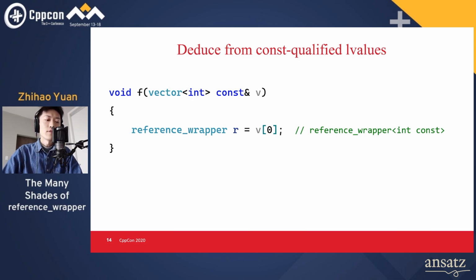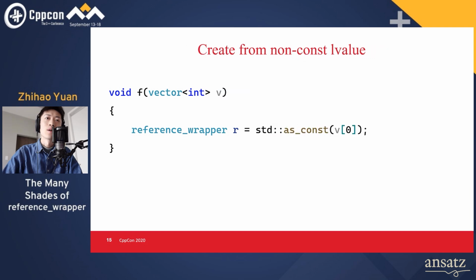Now, if the expression to initialize reference_wrapper is not a const lvalue, what if it is non-const? Well, we can turn it into a const one by using std::as_const. This utility is introduced in C++20.